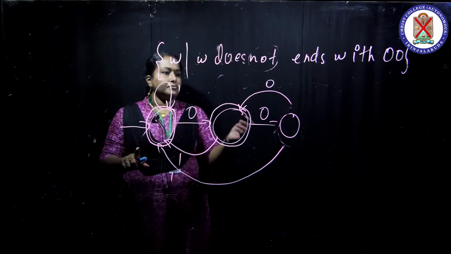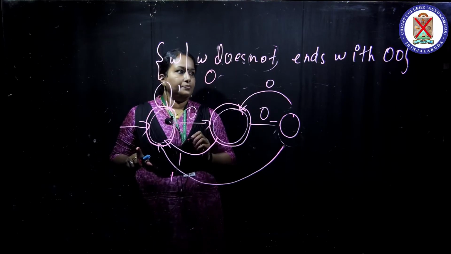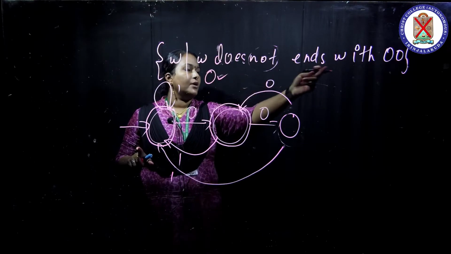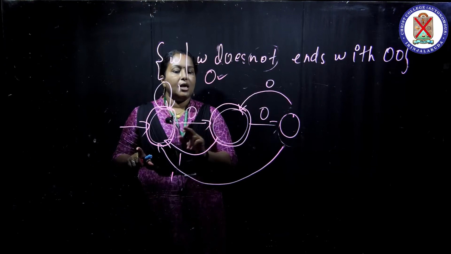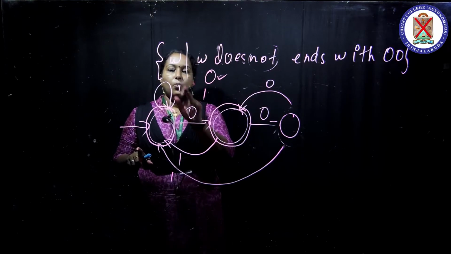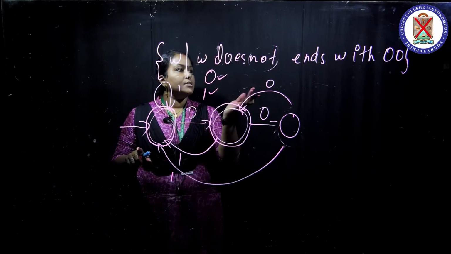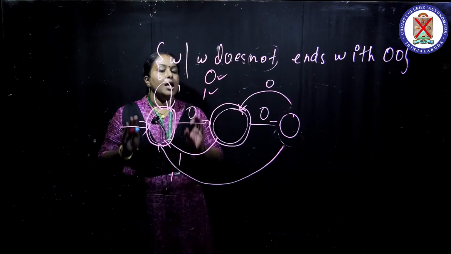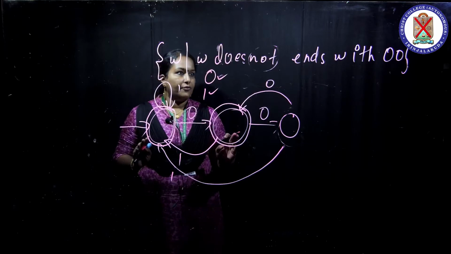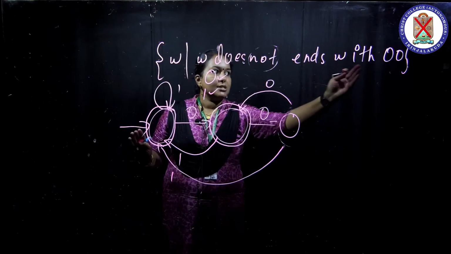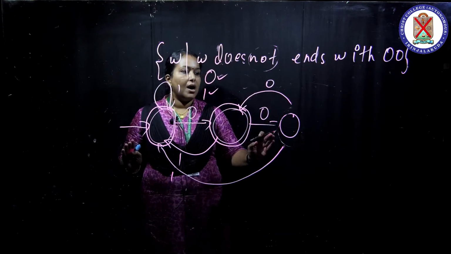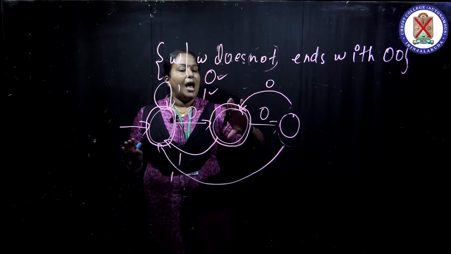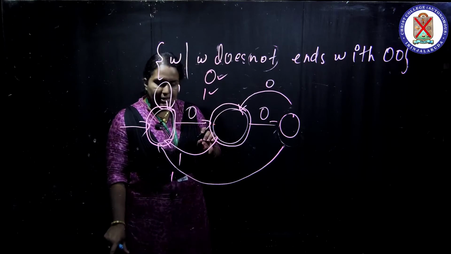You can check it. For example, 0: is it accepting? 0 does not end with 00. Next, 1: it is accepting, 1 does not end with 00. So it is a very simple trick. You just draw a DFA which accepts 00 and flip the accepting state to non-accepting and the non-accepting states to accepting.